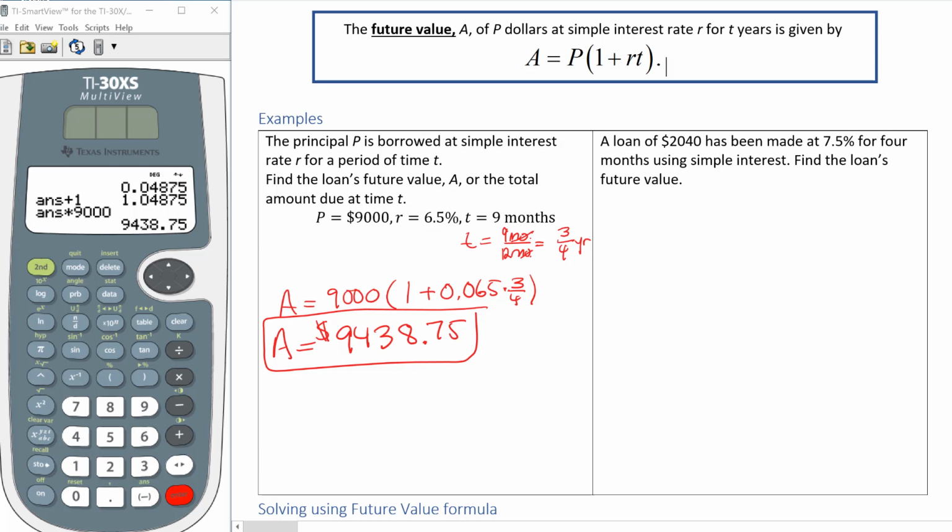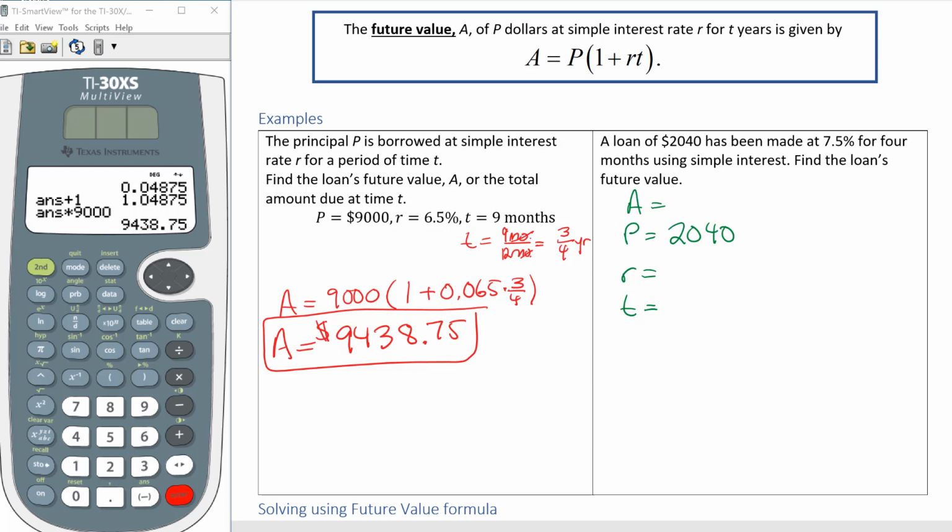One more example here. A loan of $2,040 has been made at 7.5% interest for 4 months using simple interest. So this time I'm going to have to figure out what my A, my P, my R, and my T are using the words. So a loan has been made. I'm starting with 2,040, which is my P, my present value.